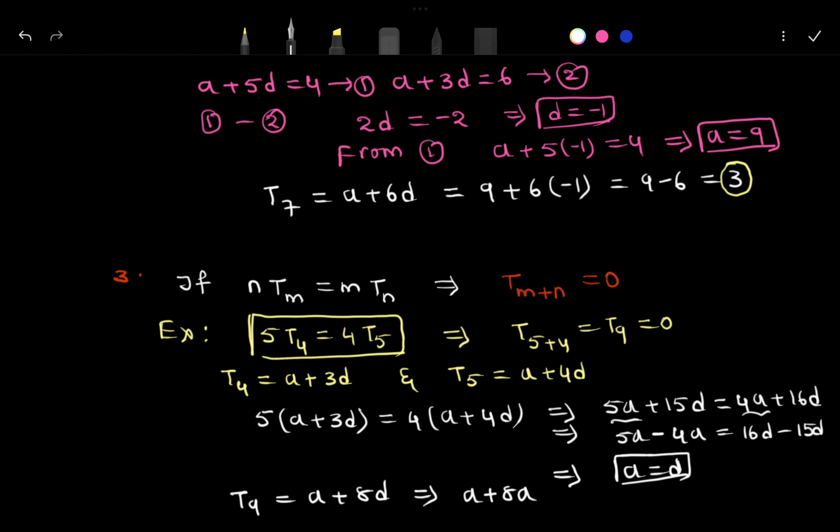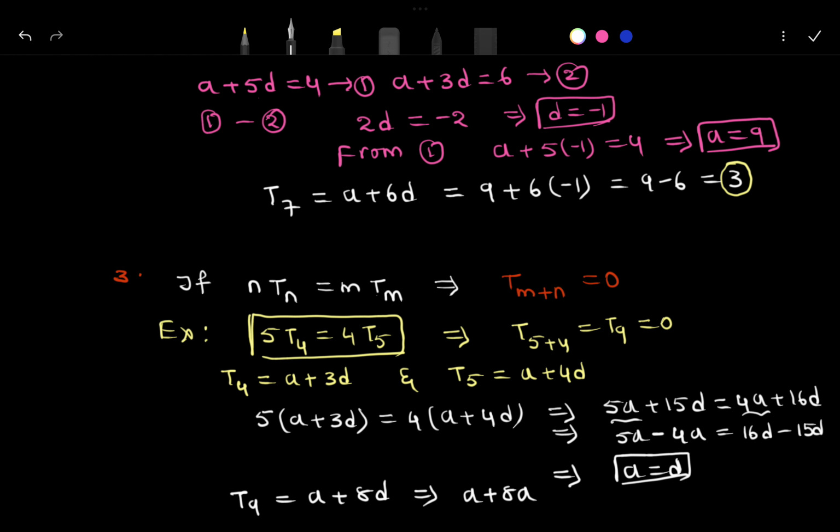Once you check this value, you can write that n into Tn is equal to m into Tm. Then we will get this value.